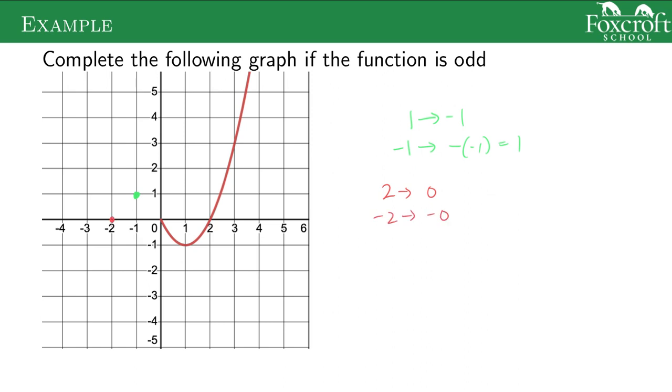So I'm going to get that point there. When I put 3 into my original, I get out 3. So if I put a negative 3 into my original, I get the same thing with a negative: negative 3, negative 3. So everything that I put in as a negative, I get the opposite for, and it's going to end up giving me a picture that looks like this.